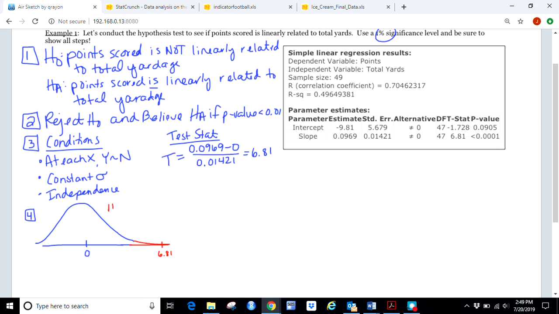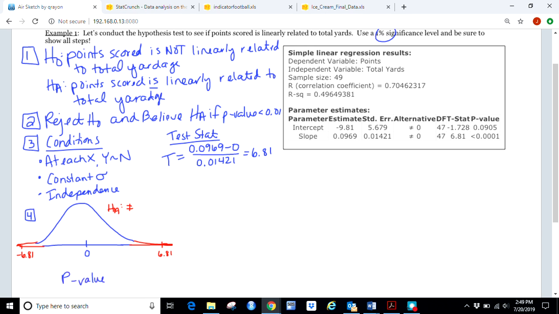Since technically my alternative is not specifying a specific direction, it's this two-tailed idea, I would technically also have way down here the negative 6.81, and everything to the left of that shaded, and everything to the right here. So I have this area shaded and this area shaded. That's why what you see here, we get a really small p-value.